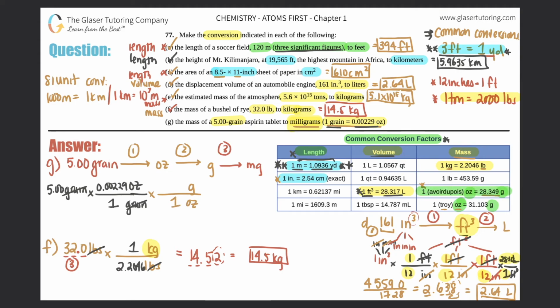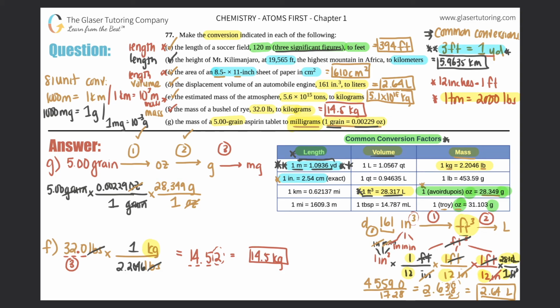So 1 ounce equals 28.349 grams, and the ounces will cancel out. So we did the first step, we did the second step, now we just got to go from grams to milligrams. That's SI units. You guys should know that either 1,000 milligrams equal 1 gram, or if you use that chart that you've seen probably in the questions before, this is the same thing as saying 1 milligram equals 10 to the negative 3 grams.